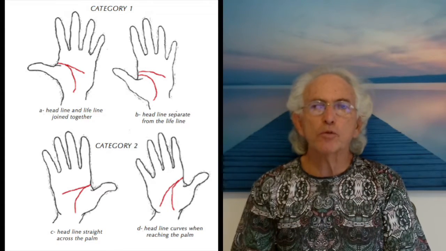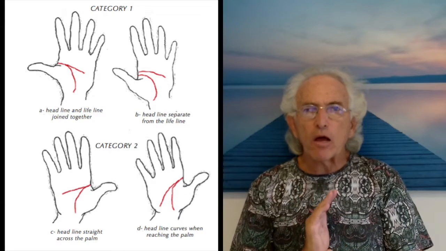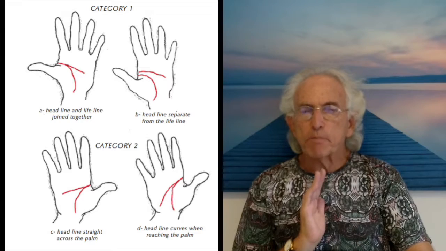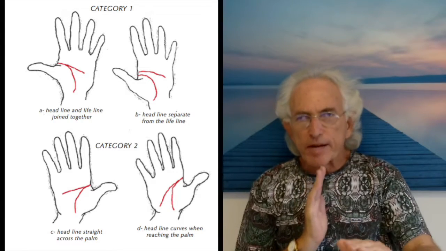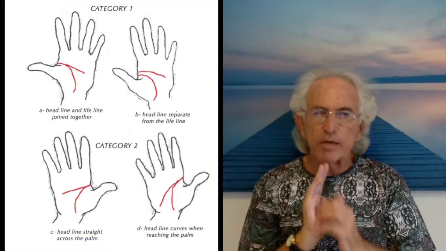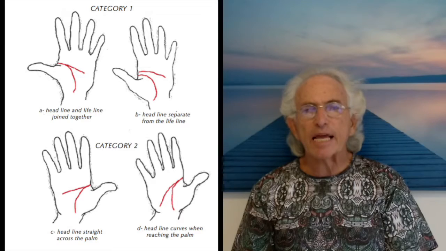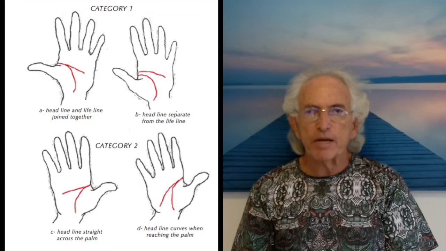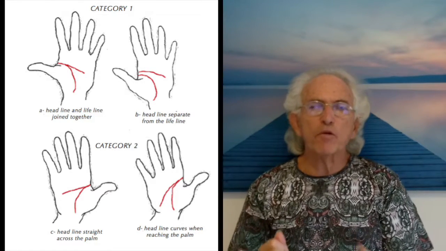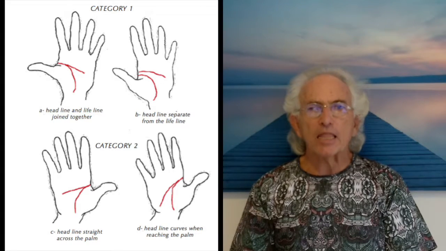So that's 2 divisions. And then once the headline goes out across the palm, it can go straight across the palm, or it can curve and go down into the moon area. So that's again 2 divisions. So there's 4 possibilities of the headline.